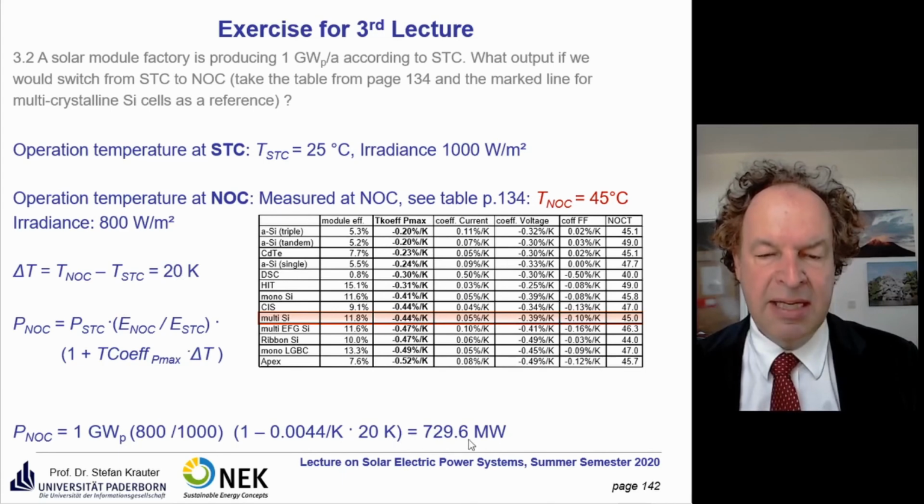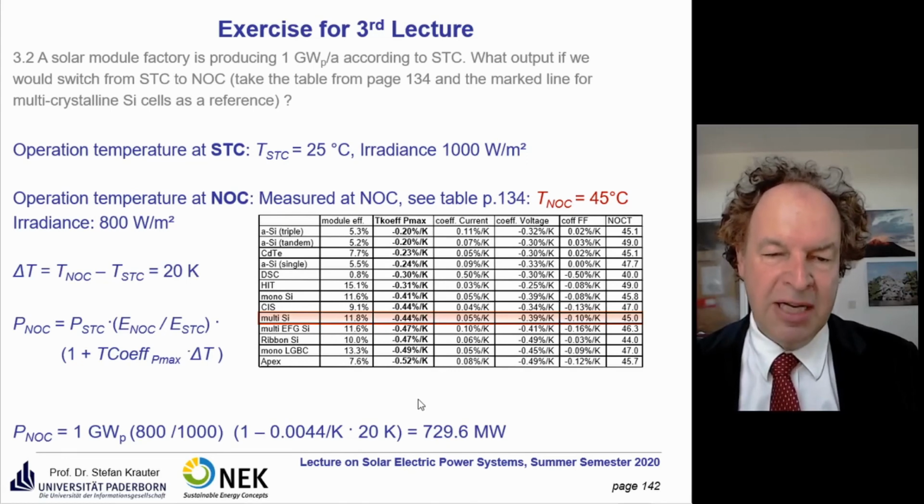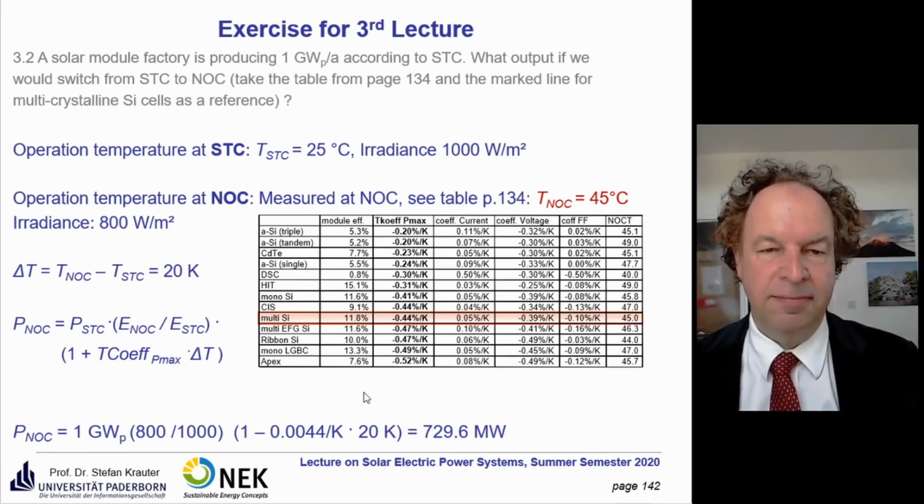So at the end, our proud 1 gigawatt power plant actually has only 729.6 megawatt. And that's the reason why these nominal operating conditions are not often used. They are more realistic, but factory owners don't like it because the actual values seem to be significantly lower than the values under standard test conditions.